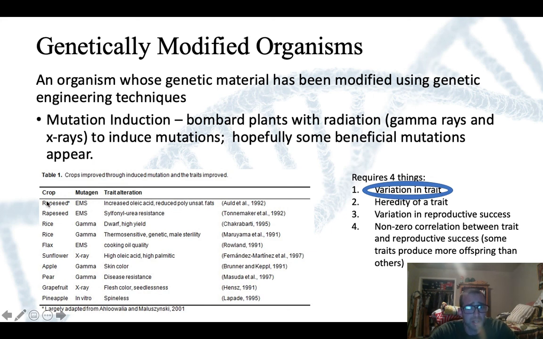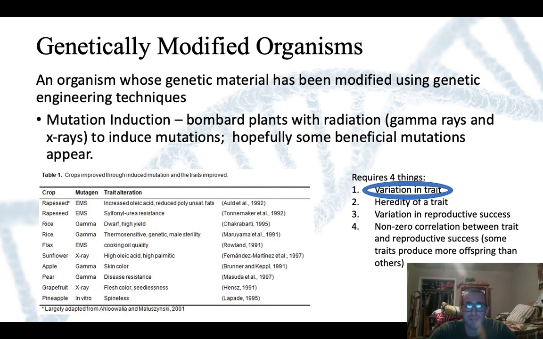With different rapeseed, flax, sunflowers, by exposing them to radiation, we got different traits, whether it is skin color in apples here, or cooking oil quality in some flax, a dwarf high-yield variety of rice, etc. Spineless pineapples. So this is kind of the first thing that we did to genetically modify organisms. We just shot them full of radiation, and sometimes they produced beneficial mutations.